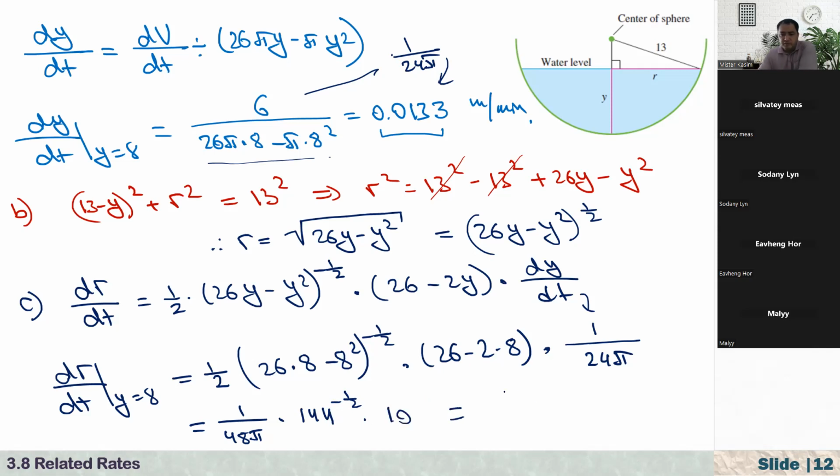So that's 10 over the square root of 144, which is 12, so 10 over 12 times 48 pi. Or if you simplify by 2, we have 5 over 6 times 48, and 6 times 48 is equal to 288 pi. And it is dr/dt, changing in meters per minute. So at that instant, it is changing at this rate.